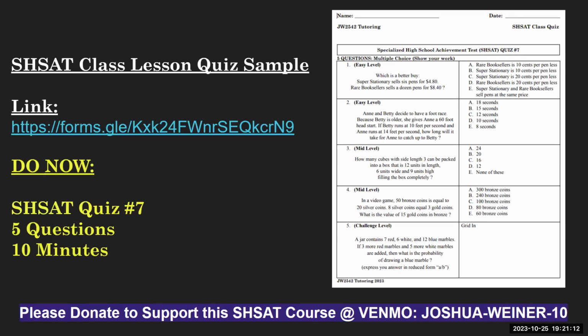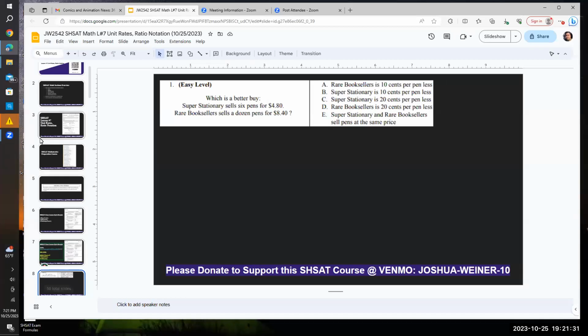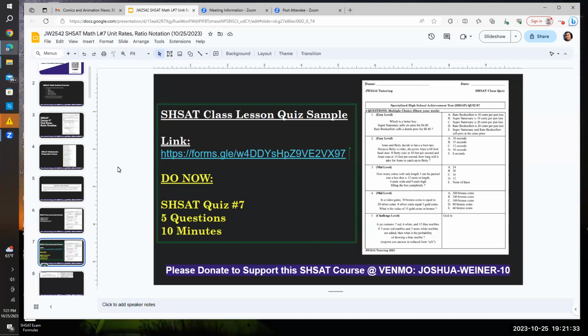So if you would like to participate in this quiz, I'm going to post a link in the chat window here. And I'm going to refresh this link because I don't believe this is the correct link. So pardon me just for a moment while I fix this. Darn it. So I'm going to give this one a new link here. Hold on just a minute.